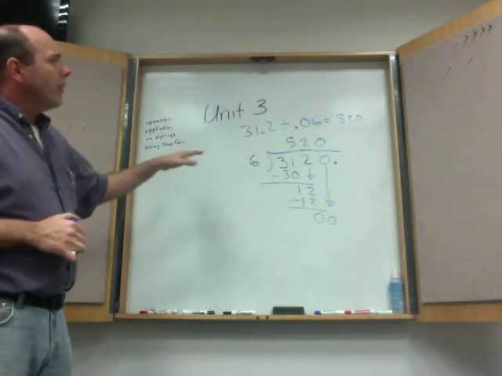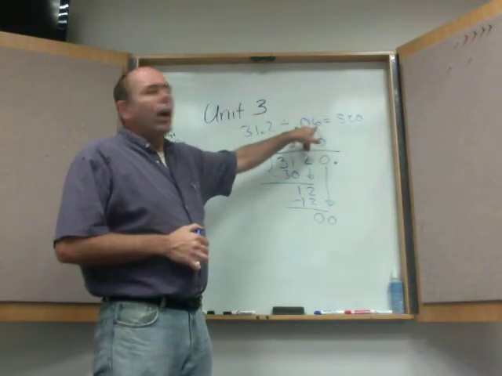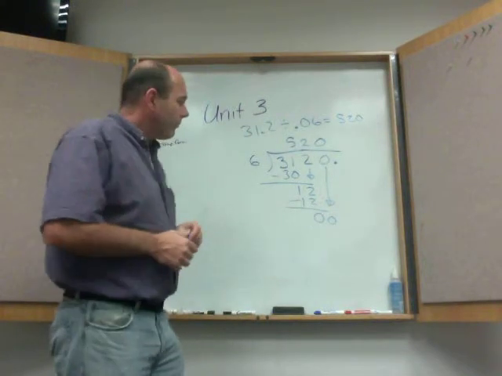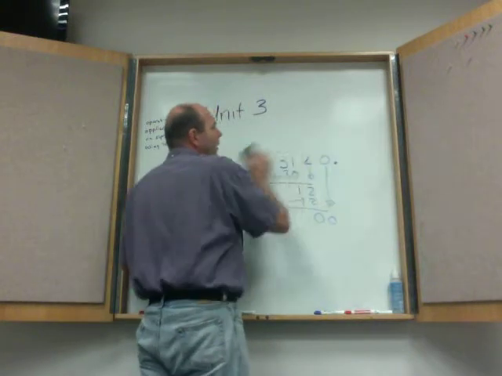One other thing to remember, in both of my examples, I made my divisor less than my dividend. That's not necessary. Okay, in fact, let me show you just so that you understand what I'm talking about.